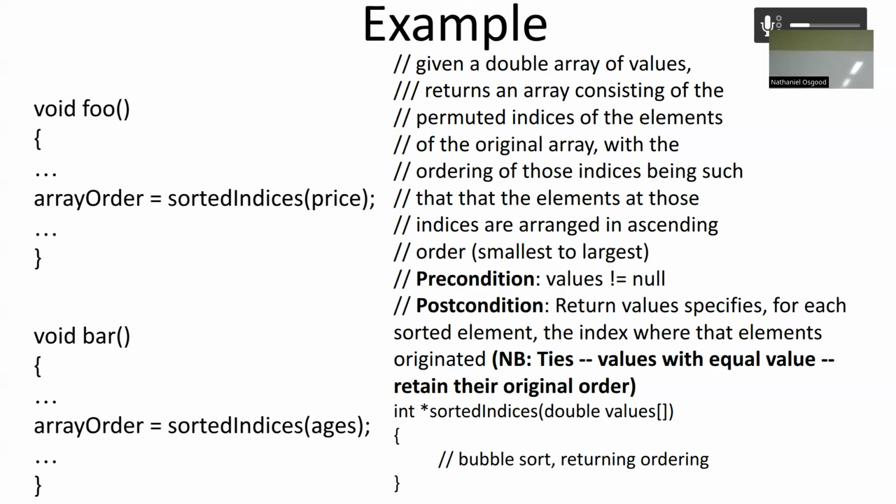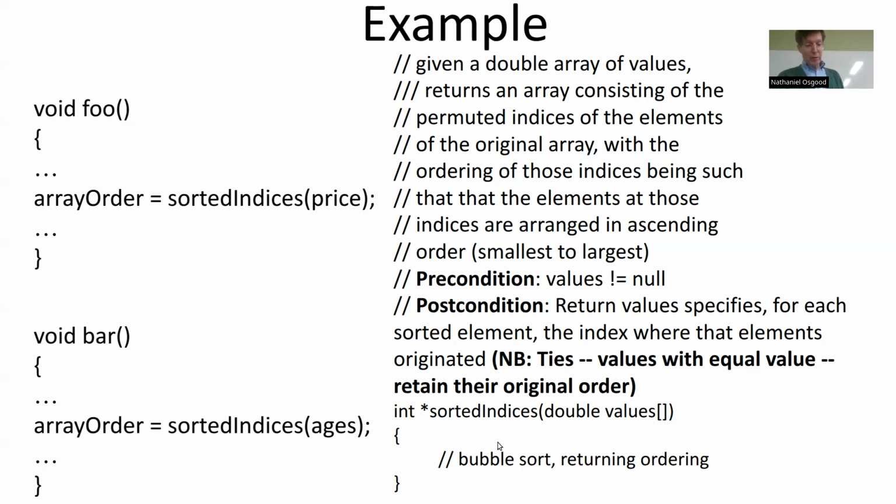And postconditions that I guarantee if you meet those preconditions, if you've passed me values that are not null, I will guarantee these postconditions. And here I'm looking at sort indices, the index in which that element originated. Yeah. Which is a slightly different thing, but it's very closely related to this issue. So here I pass in values and I provide these guarantees as long as you observe the preconditions.